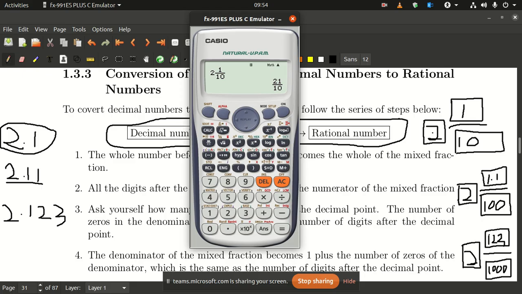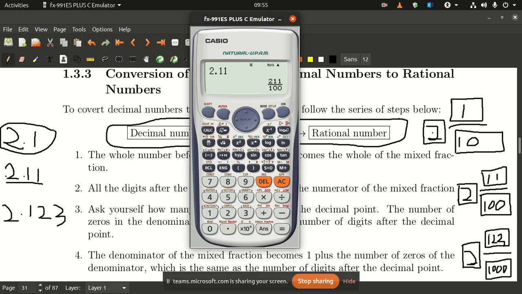So you are going to have 211 divided by 100, which is a new rational number. Let me say I have 2.11. You can see that this is 211 divided by 100. 2 times that plus that is the new numerator, and the denominator you take as it is.